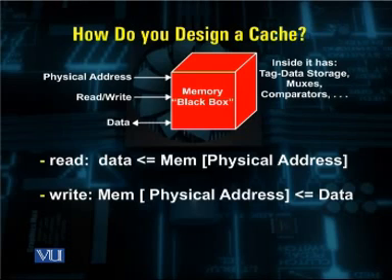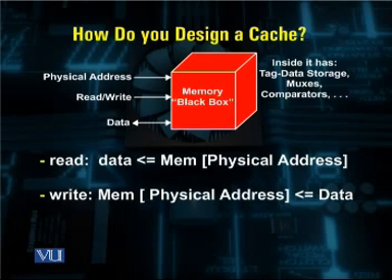In order to design a cache, we have to define a set of operations which must be supported by the cache. These operations are the read operation and the write operation, where the read operation results in a memory read from the physical address and makes this data available to the cache.